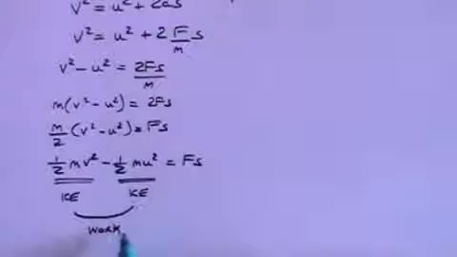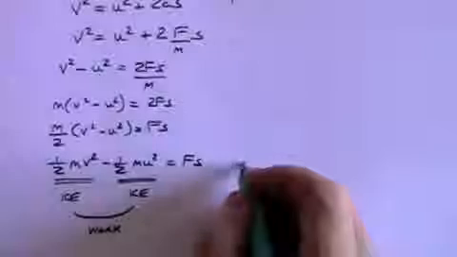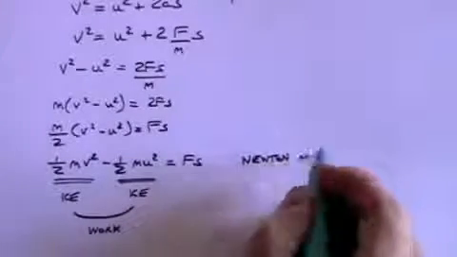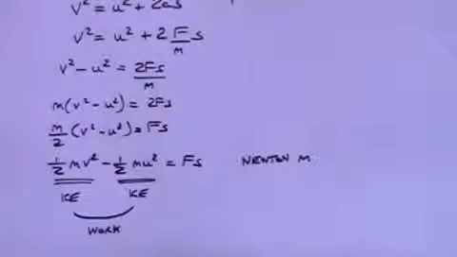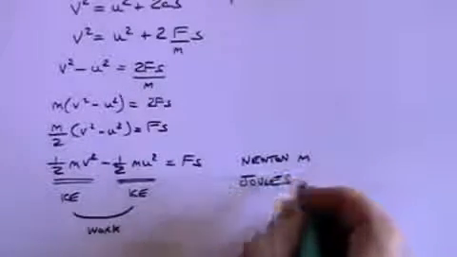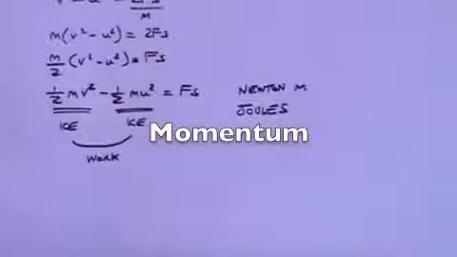And so energy and work have units of force, which is newtons, times distance, which is a metre. So the units of energy and work are newton metres, but we give them another name. We call them joules.